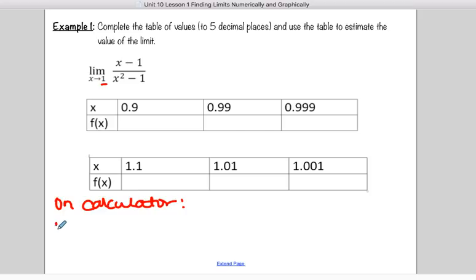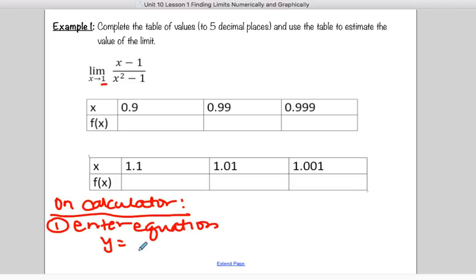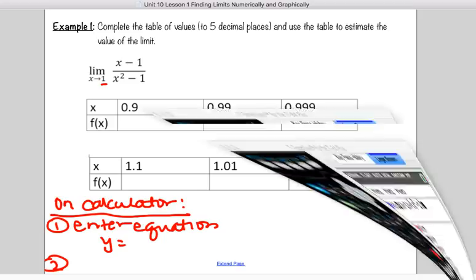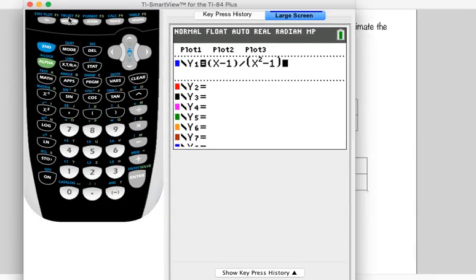First things first, enter equation. Okay, and the way you do that is at the y equals. Next thing we're going to do is we are going to go to our table set. Okay. Table set is right above window. So we're going to go second table set.